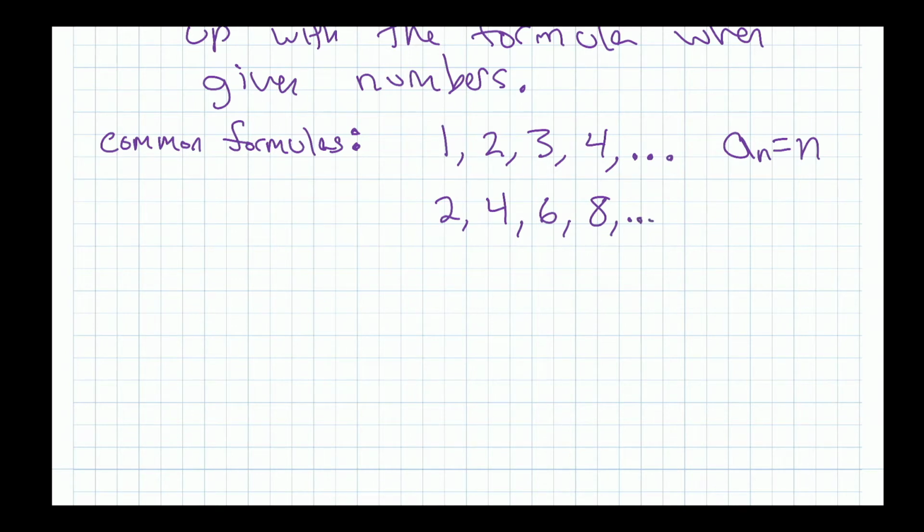Well, the way to do that would be to make it count up by 2's, you'd have to do 2n, right? Because this is the n equals 1 term, and this is the n equals 2 term, n equals 3 term, n equals 4 term, right? So to make it count up by 2's, you have to multiply the n by 2.